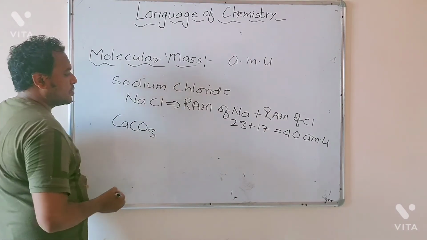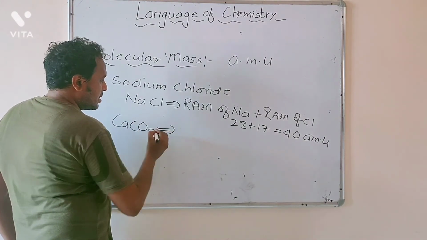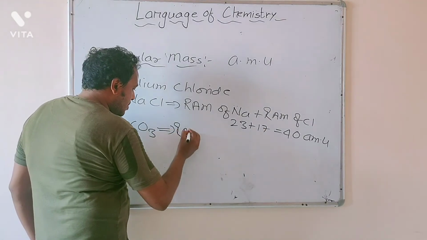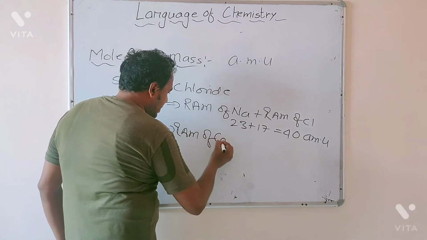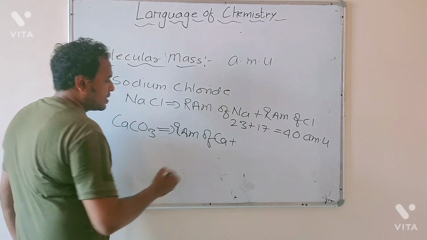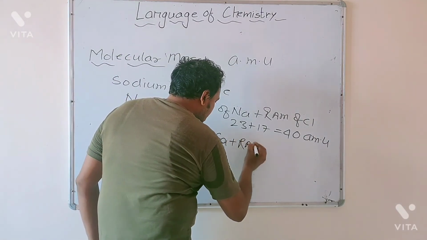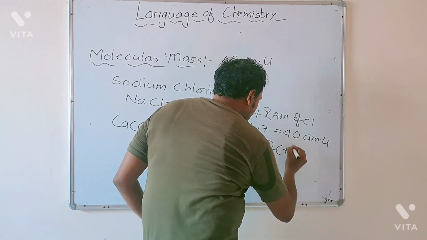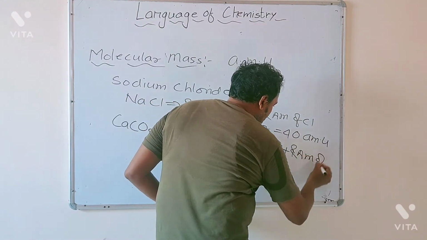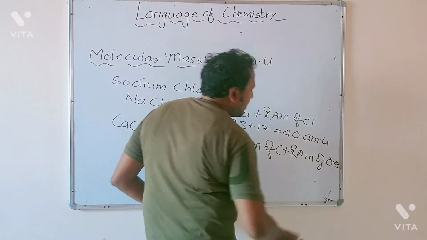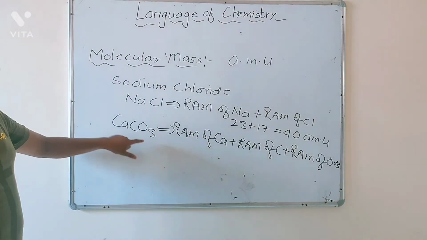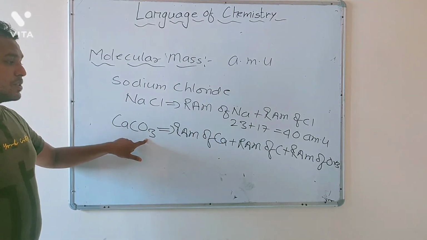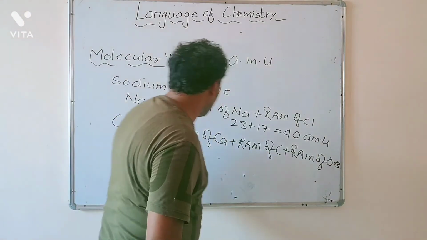Other example, calcium carbonate. Relative atomic mass of calcium plus relative atomic mass of carbon plus relative atomic mass of oxygen into 3. Why have we multiplied by 3? Because the number of oxygen atoms is 3, so we have to multiply by 3.